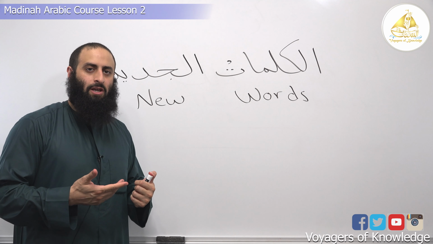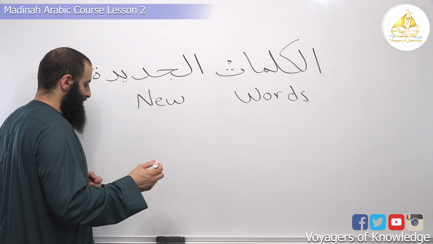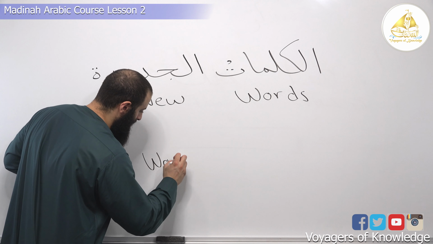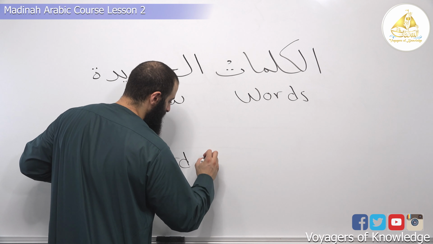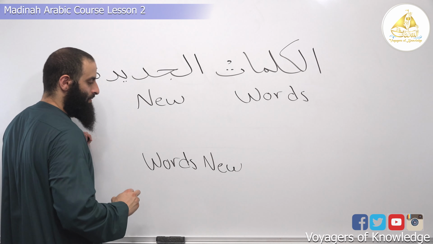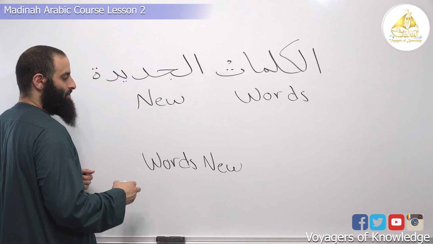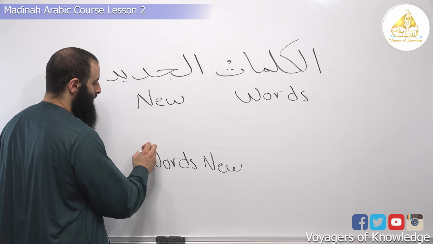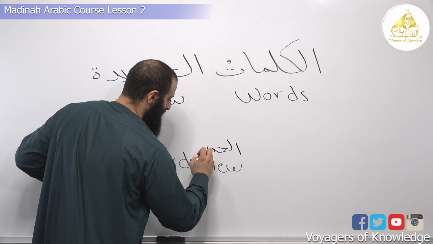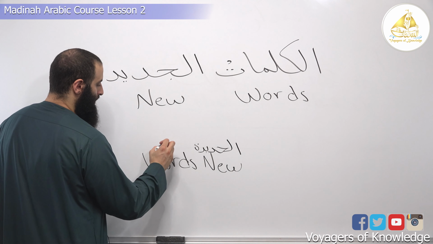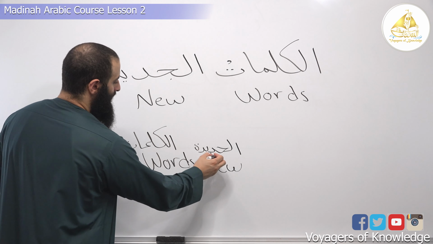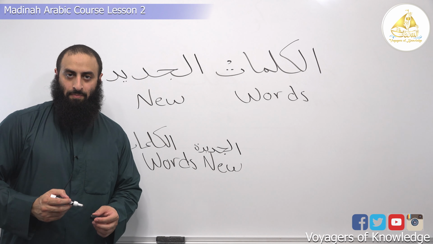So how do you say new words in Arabic? This is what would end up happening if we switched it. If you tried to put the word Jadida first, Al-Jadida, and then Al-Kalimat, you'd be wrong.